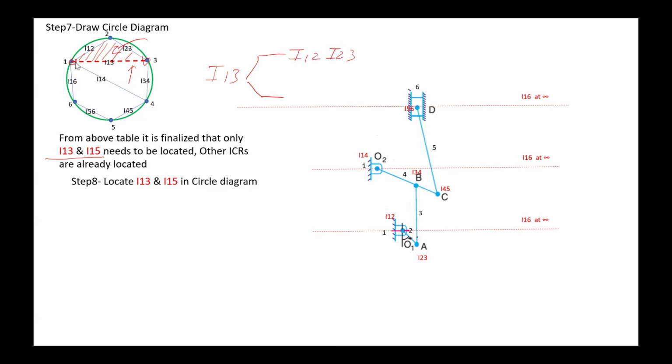See here, the sides of the triangle, 1, 2 and 2, 3. So that I have written here. Similarly, the other triangle of I13 is this triangle. So this triangle shows that I13 also will be in line with ICR 1, 4 and 3, 4.